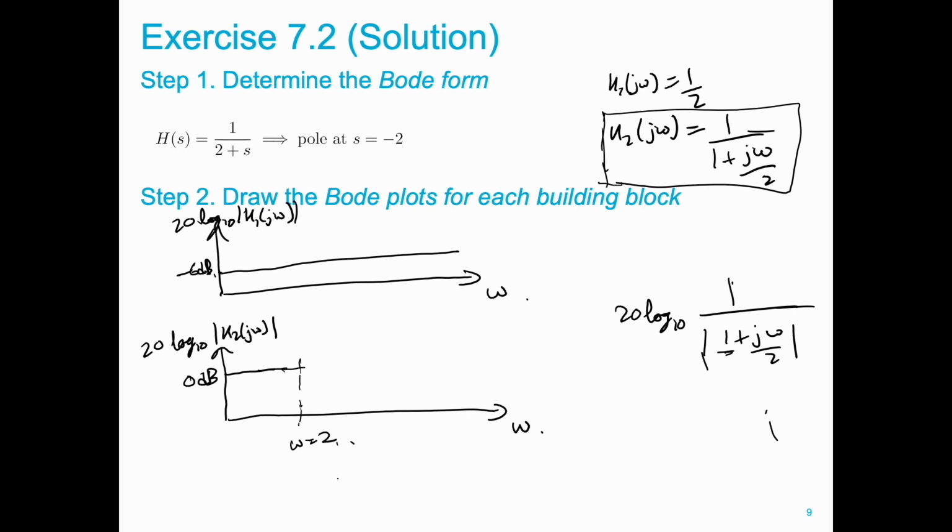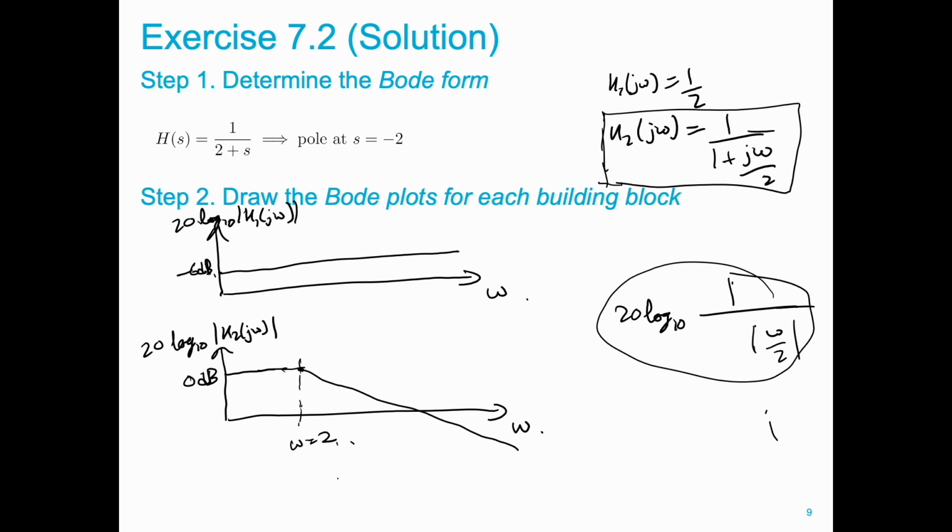And for large omega, you can ignore the 1, and what you get is 20 log to the base 10 of 1 over omega over 2, which means this function decreases with a slope of minus 20 decibels per decade. So I'm going to sketch a straight line that goes down at minus 20 decibels per decade.